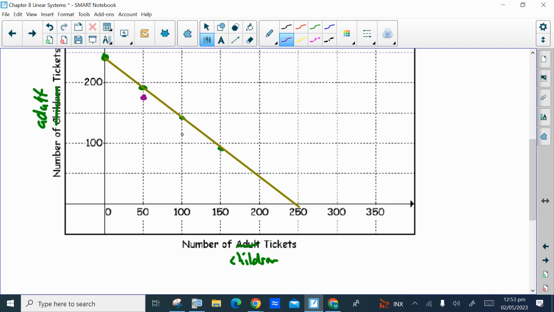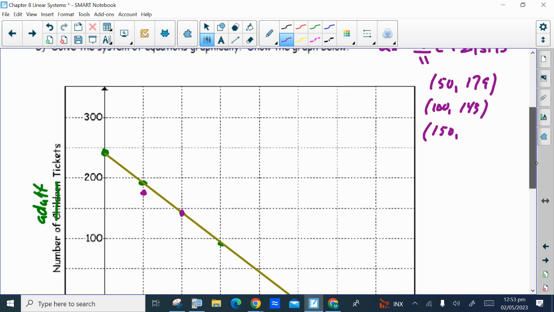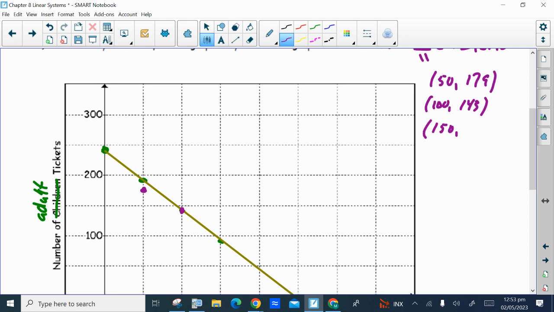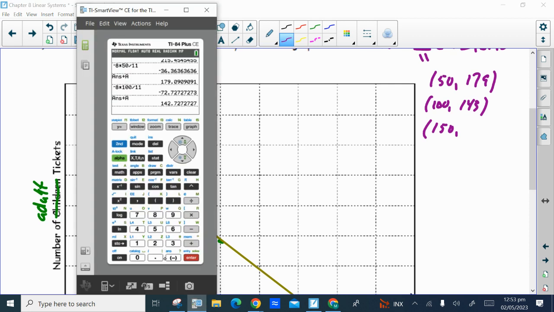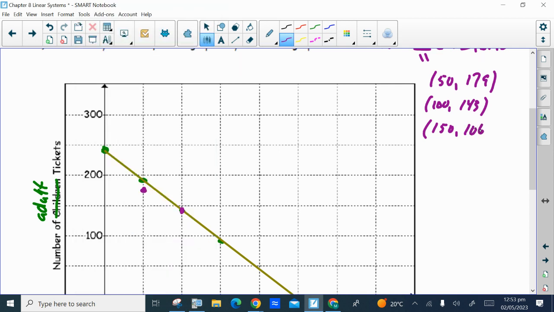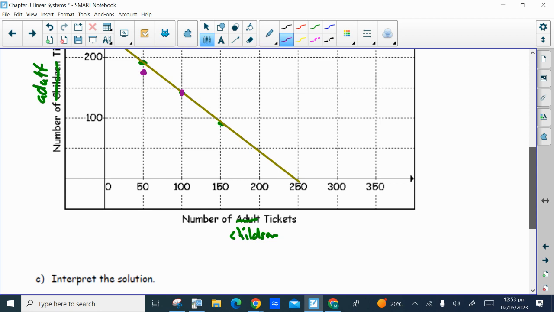There's 100, 150 will be right there, so 143 is just slightly below that. And then our last one will be when C is 150. So it'll be negative 8 times 150 divided by 11 is that value plus our y-intercept, which is approximately 106. So 150, 106, which is just above 100, approximately right there.